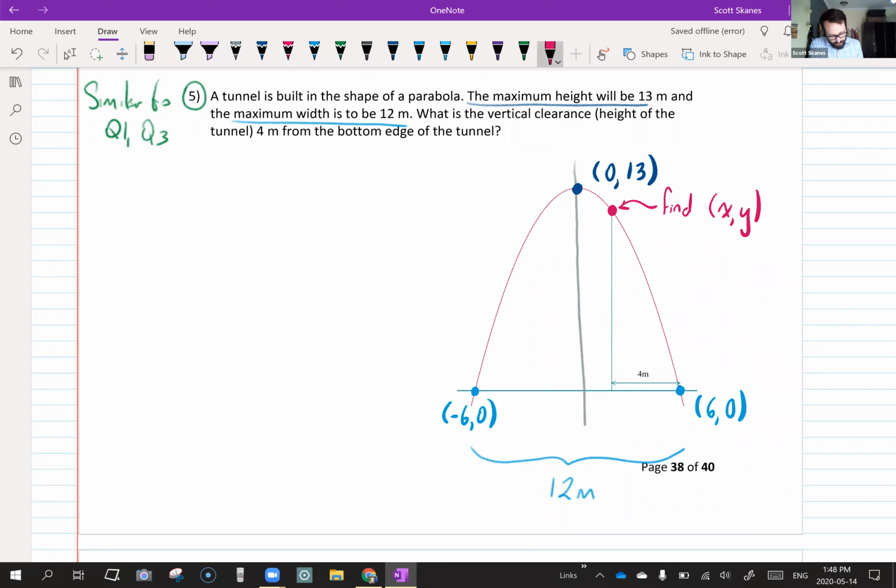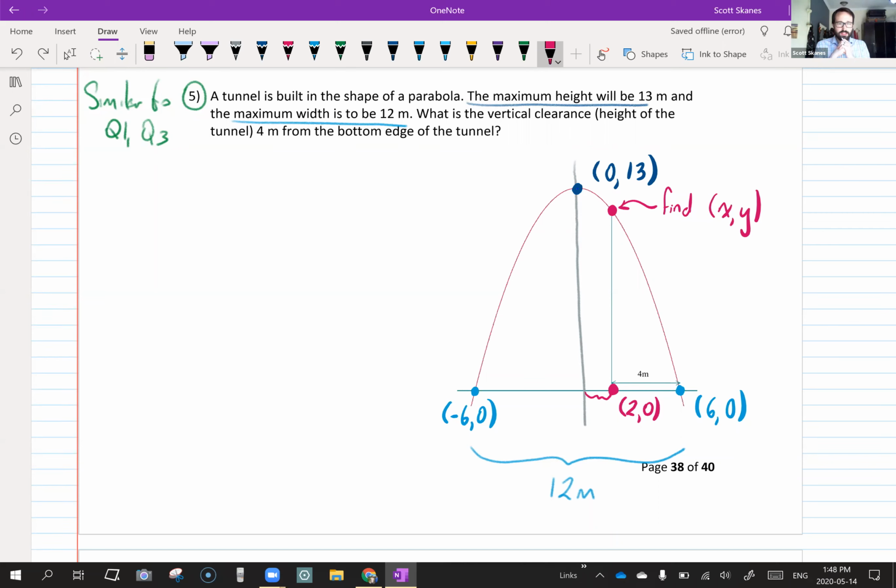How far away is that from the center? Well, it would be 2 and 0, because if this distance here is 4, and the total distance is 6, it's 6 minus 4. Hopefully that's not too much to take in. That's just some basic geometry.